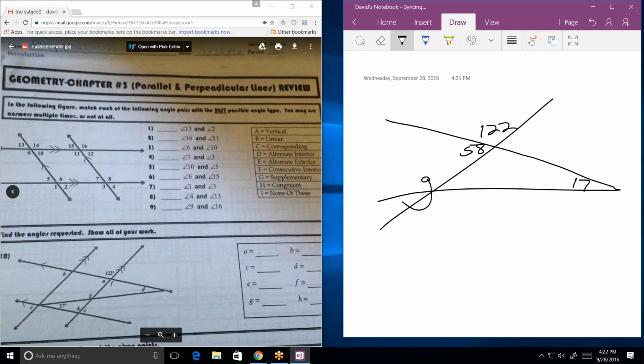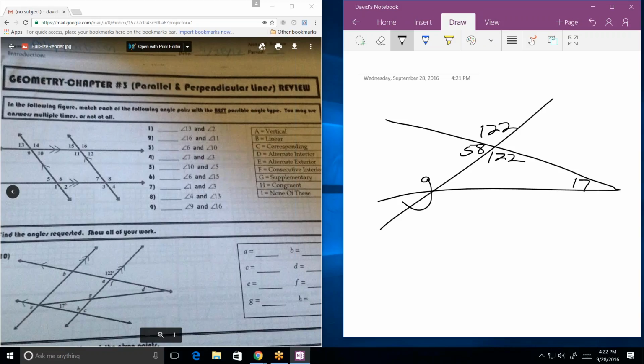Well, and we also came up with that's 122. So there's actually a theorem. You don't really need this theorem, but it exists. And that is that an exterior angle is equal to the sum of the two angles that it is not supplementary to.